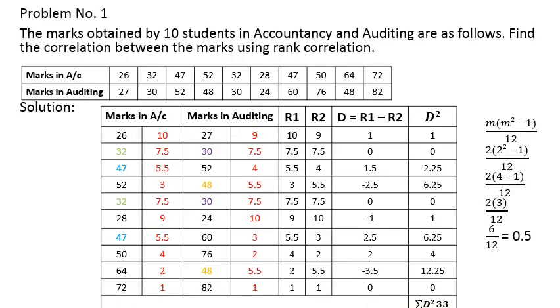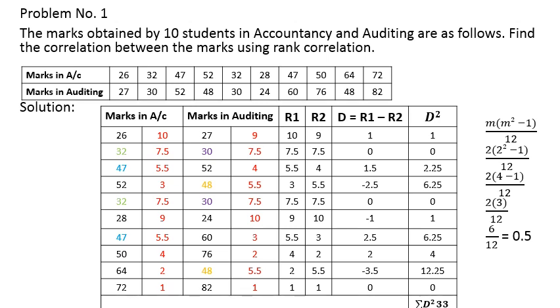Now we will work out some problems relating to this. This concept is very important. You can expect questions in section B for 8 marks. The first question: the marks obtained by 10 students in accountancy and auditing are as follows.